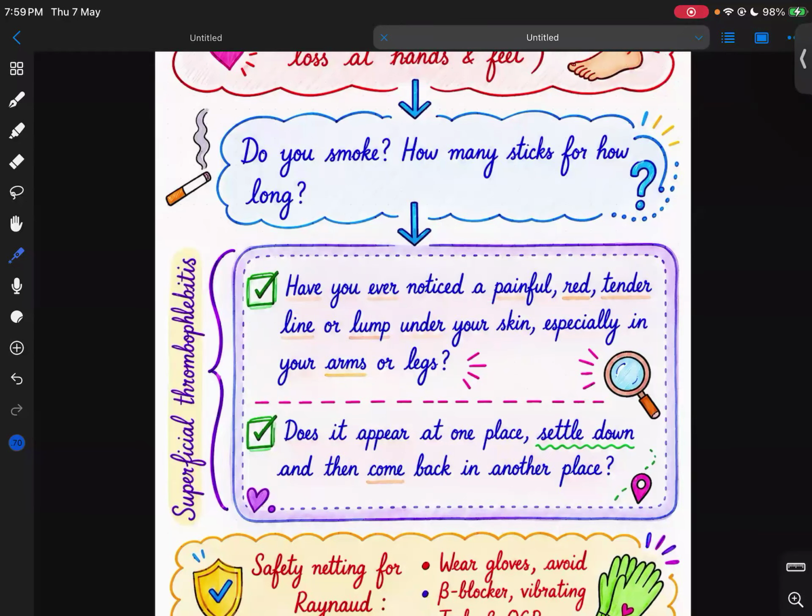Then, to confirm the migratory nature, we have to ask, does it appear at one place, settle down, and then come back in another place? So it confirms the migratory nature, and these two are the questions for superficial migratory thrombophlebitis, which is found in case of Buerger's disease.